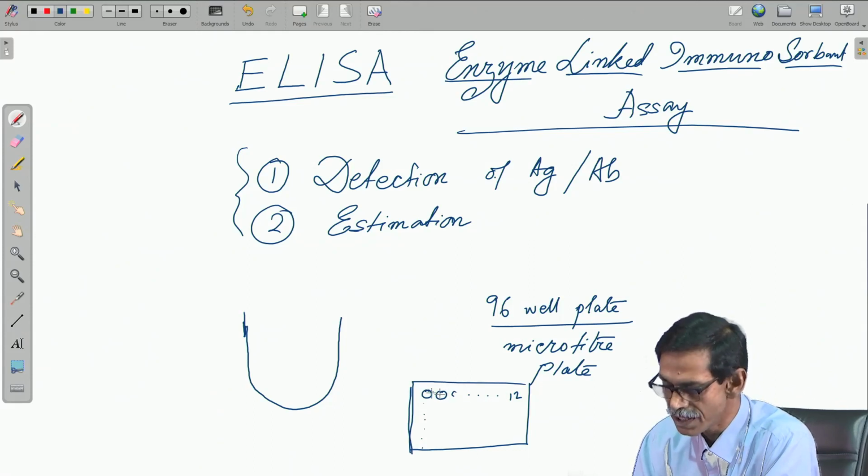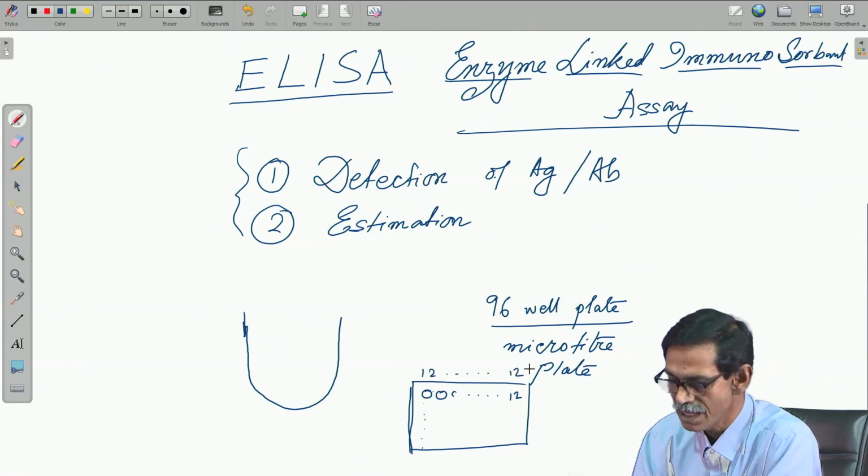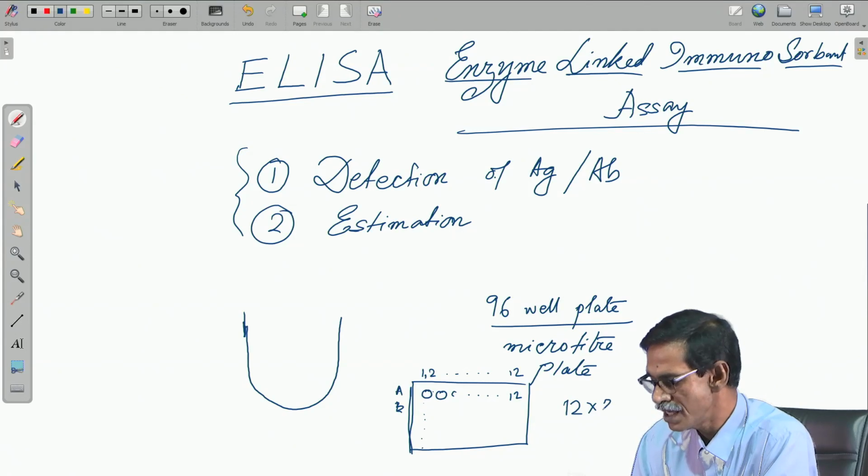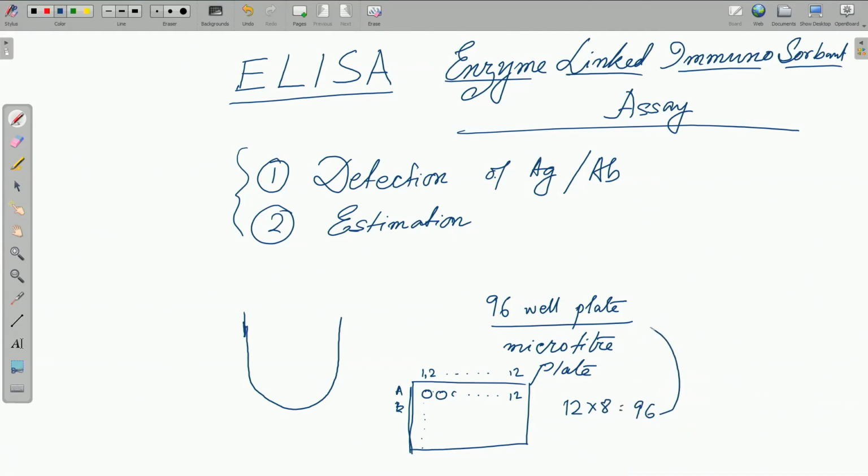So, in one row there are 12, and at the top of the plastic it is written 1, 2 and gradually up to 12, and on this side, column wise, it is written A, B, C. So, you have 8 rows. The total is 12 into 8, which is equal to a 96 well plate. In one row there are 12 wells.